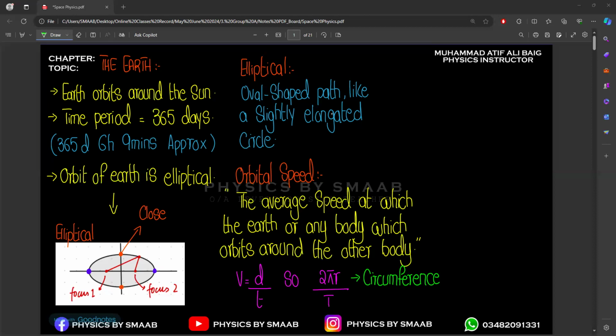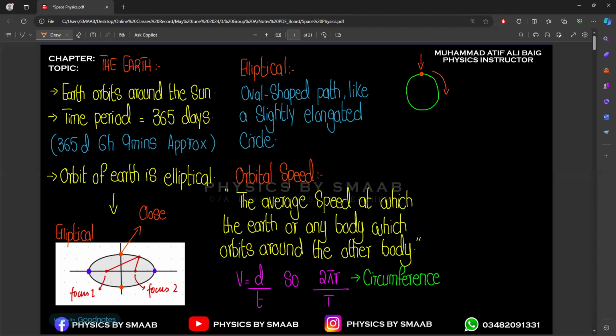Like if you have a circular disc and you mark one point on it, and this is the rotation. When this point rotates clockwise and again reaches the same position, that is called one complete circumference, right? Because circumference is the total length of this circle. You started from the same point and again reach the same point, so that gives you the idea of one complete orbit.